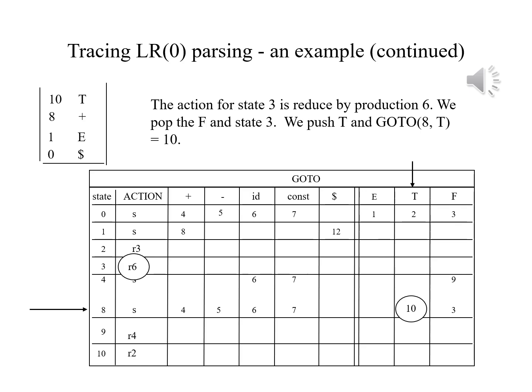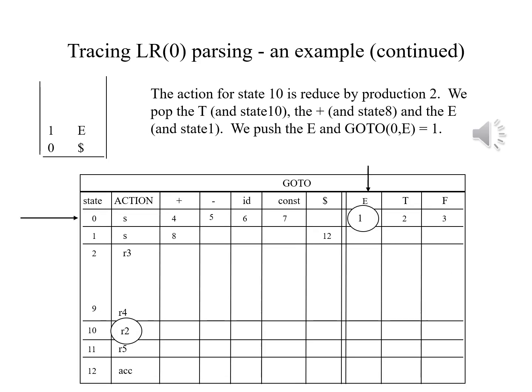The action for state 3 is reduce by production 6. We pop the factor and state 3. We push term and goTo of state 8 and term, which is state 10. The action for state 10 is reduce by production 2.